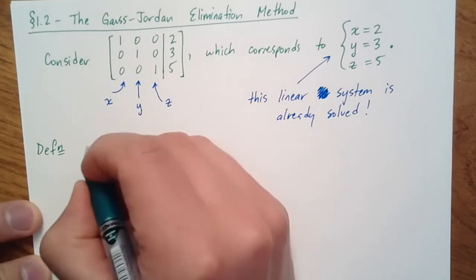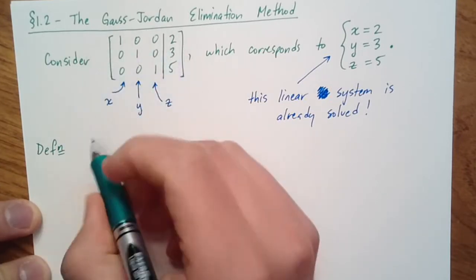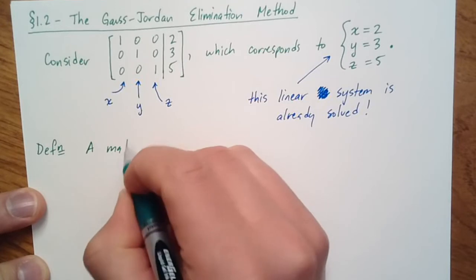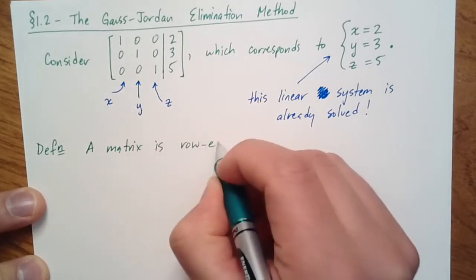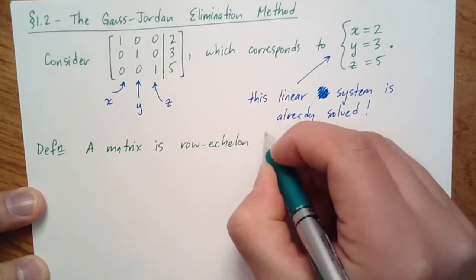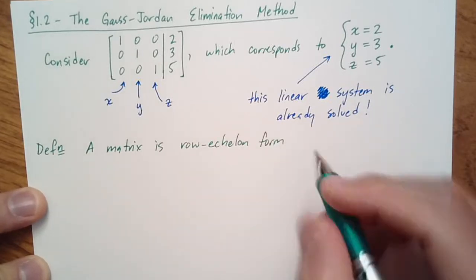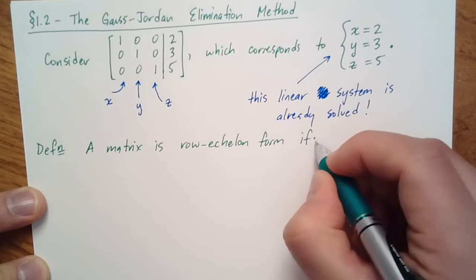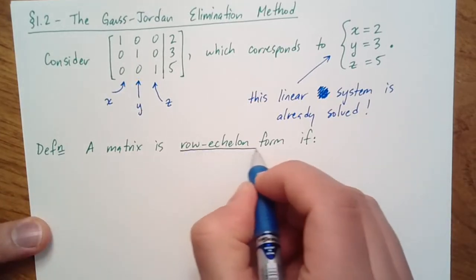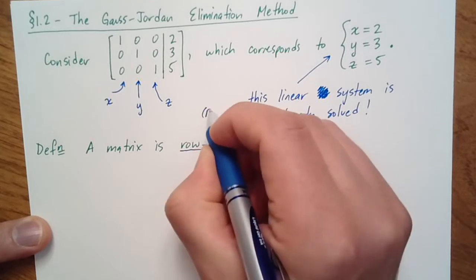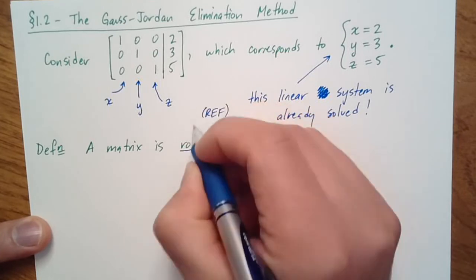So a matrix, so something like this, right? This is a matrix. A matrix is in row echelon form if the following 3 conditions are satisfied. We'll say what the conditions are in a moment, but for now I'm going to underline this, and it's worth making the note that this has an abbreviation.